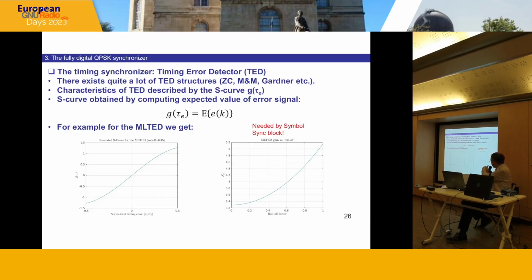So, in fact, I've calculated all these gains, and according to your roll-off factor, it gives you the coefficient you have to put into the block. So this work has been done again in Rice's book.